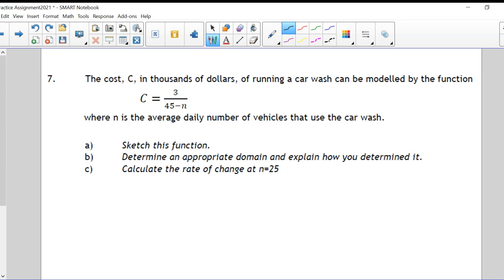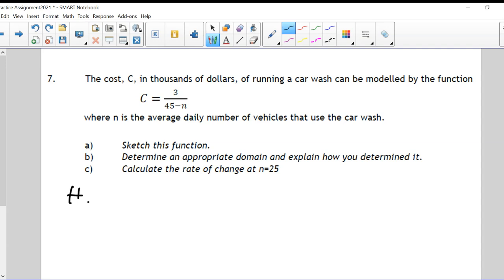I see HA here. Oh, okay. So you want to tell us that the HA is y equals 0. And you're right. That's because the numerator has a lower degree than the denominator. And that tells us that the HA is the x-axis, the y equals 0 line. So let's write that down.